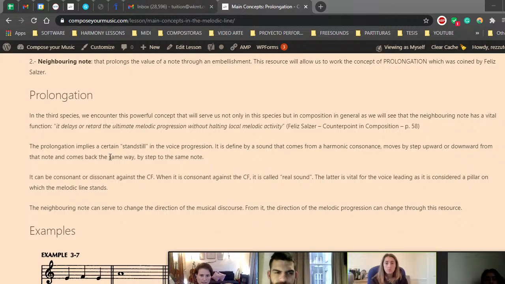So it stays there, it's not a halt, not just a stop. It stays there a little while, just delays a little bit the ultimate melodic progression. So at some point the melody progresses, but this is a little delay, without halting, without stopping.